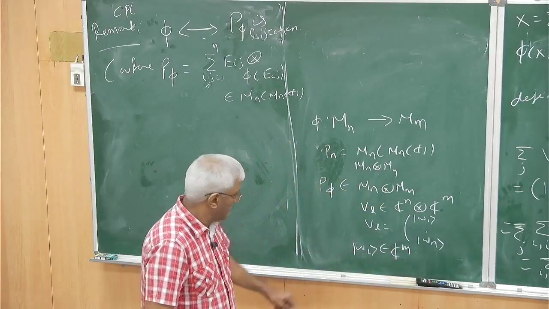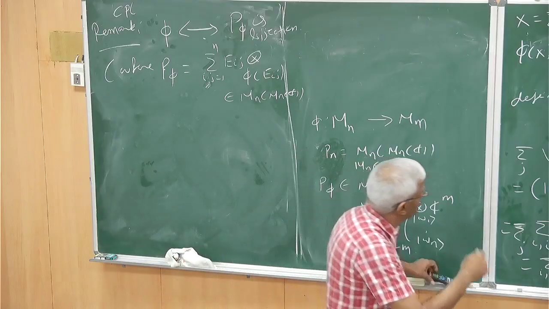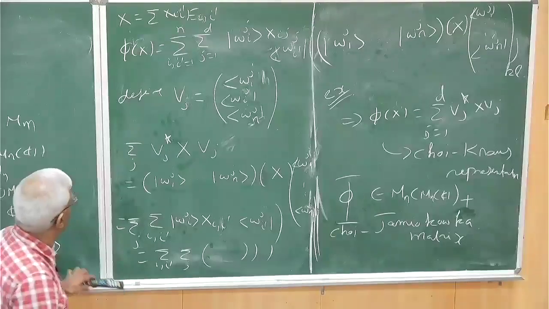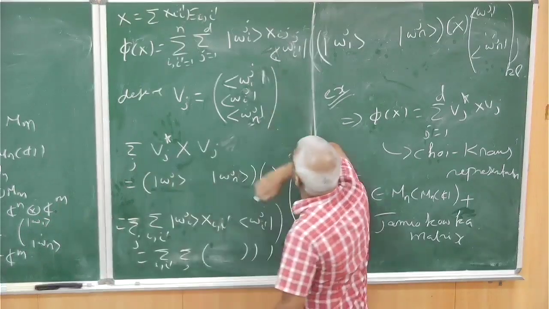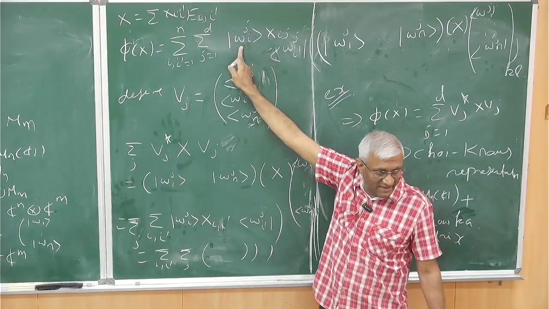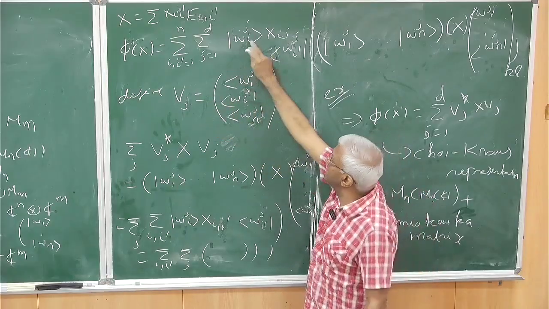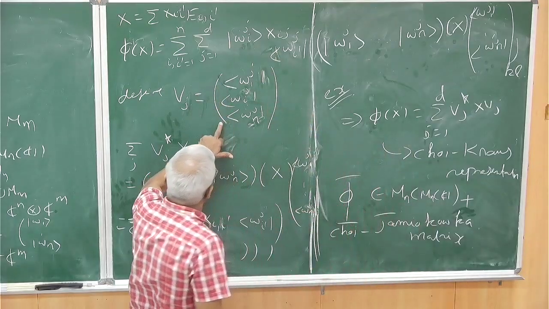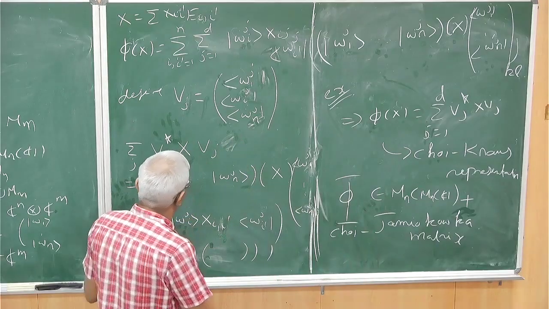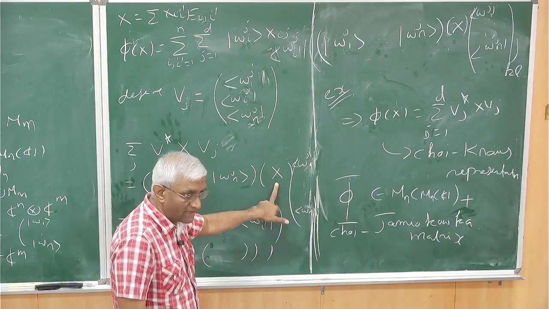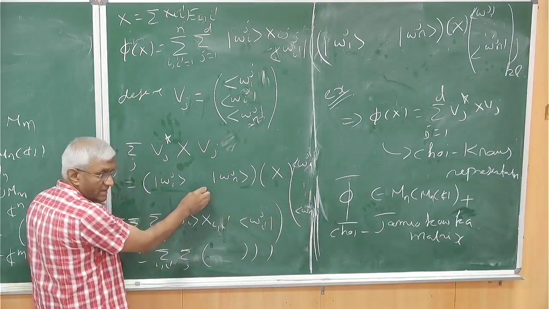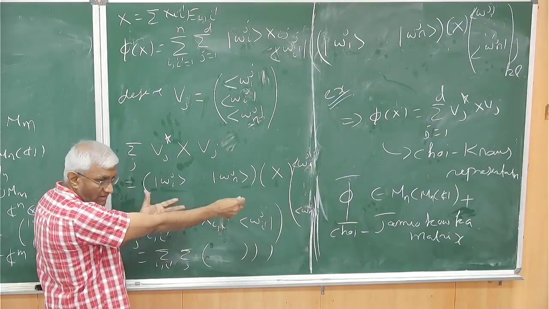Fortunately, the proof is here, so I can correct the mistake here. These are all vectors. This omega j i is a vector in Cm. These are all n things. This is an n cross m matrix. So this is an n cross n matrix, this is an n cross m matrix, this is an m cross n matrix, so you'll get an m cross m matrix.